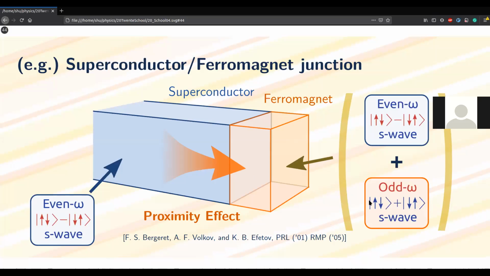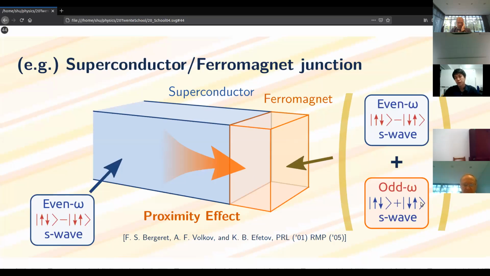Now again, this spin triplet S-wave should be an even frequency pair. But actually this has a kind of problem, because this spin triplet pair cannot penetrate a long distance into the ferromagnet.